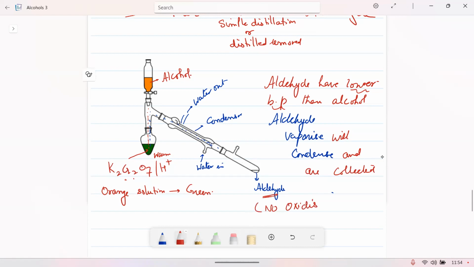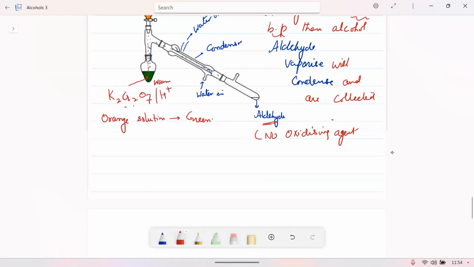The oxidizing agent was in this pear-shaped flask. So since there is no oxidizing agent, it means no further oxidation. So the reaction stops at this level and you end up with an aldehyde.